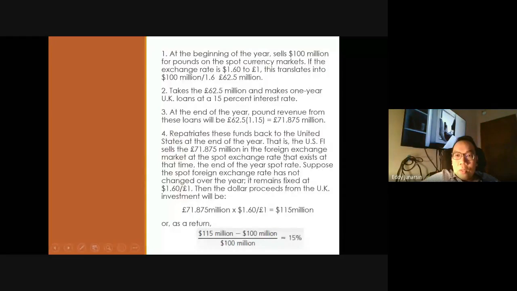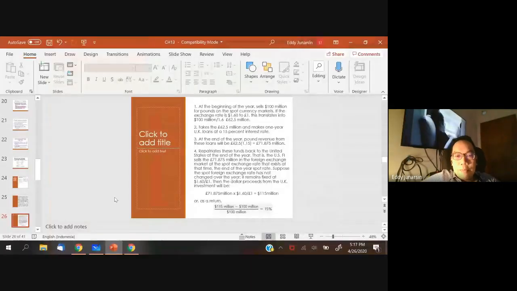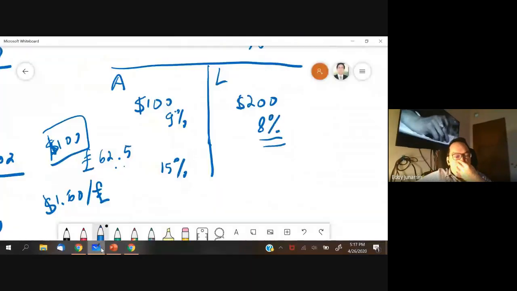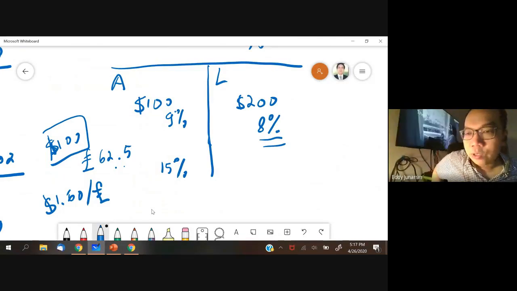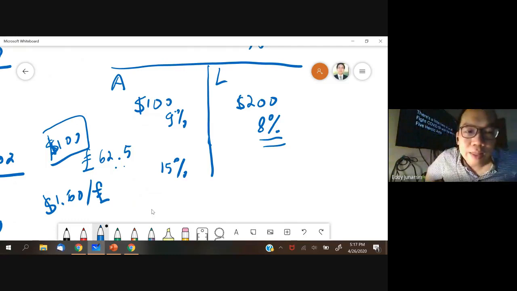Okay, so now we can estimate what will happen in the smooth scenario, the good scenario where nothing happens.